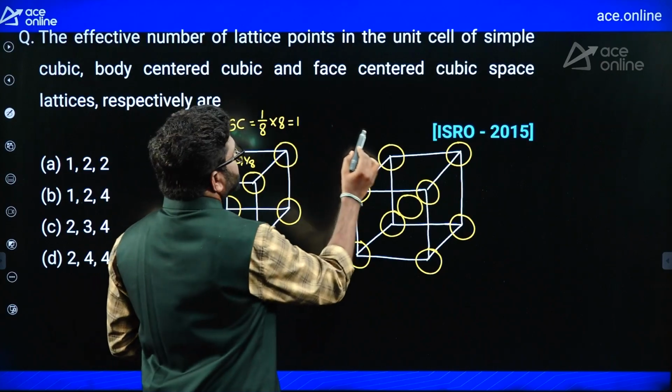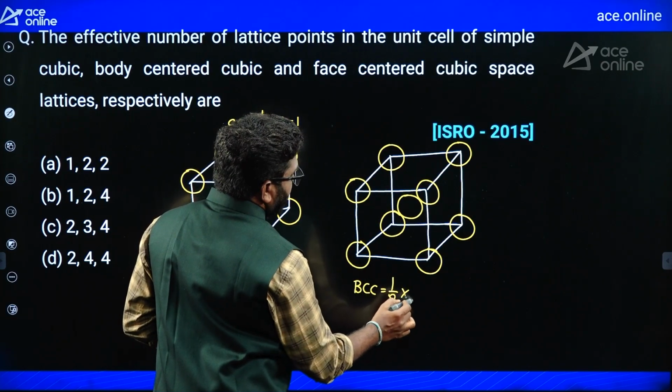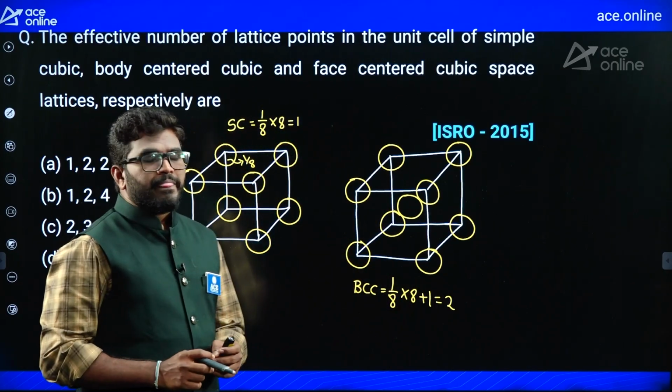So the number of atoms in BCC structure: at every corner 1/8 of the atom, 8 corners, plus 1 atom, so 2 atoms, right.